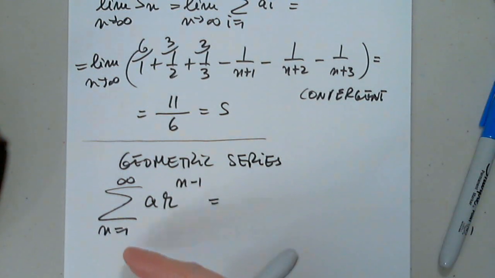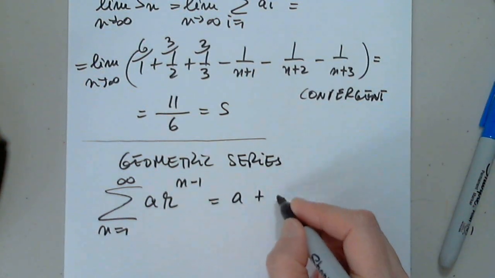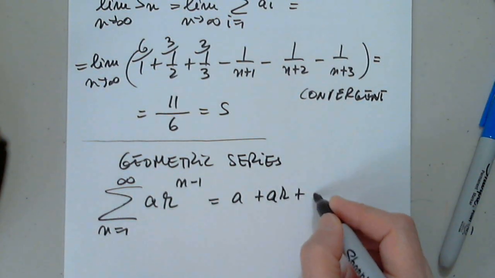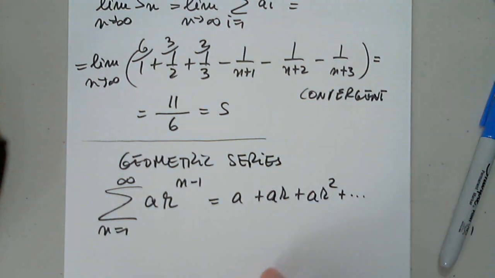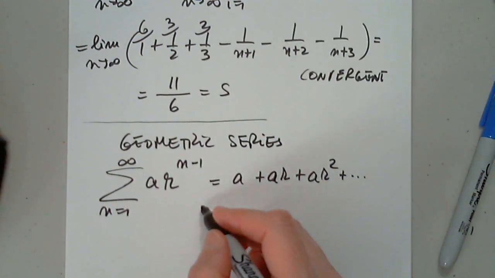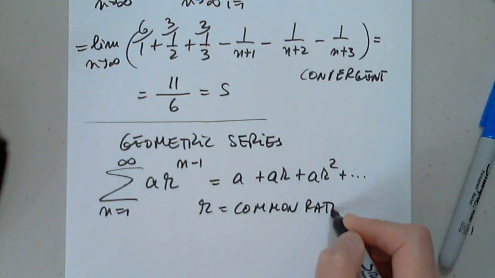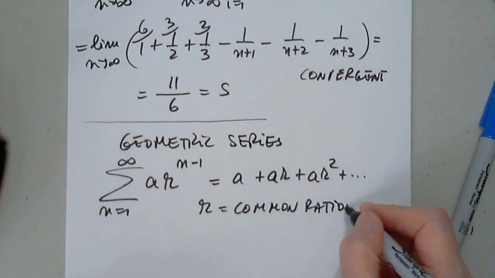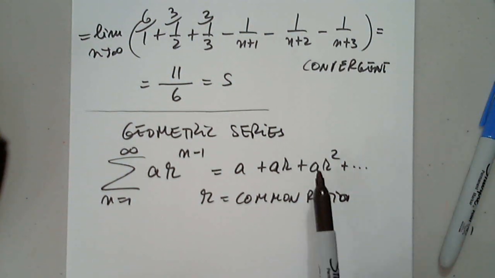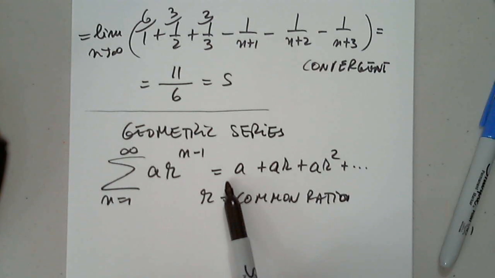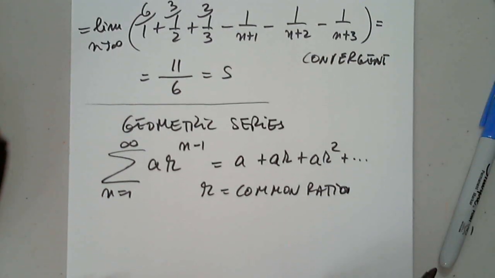Oh, well, when n is 1, I have a plus a times r plus a times r squared, and so on and so forth, where r is the common ratio. How do I determine the common ratio? Simply by dividing any two consecutive terms, this over this, or this over this. So that's the common ratio.